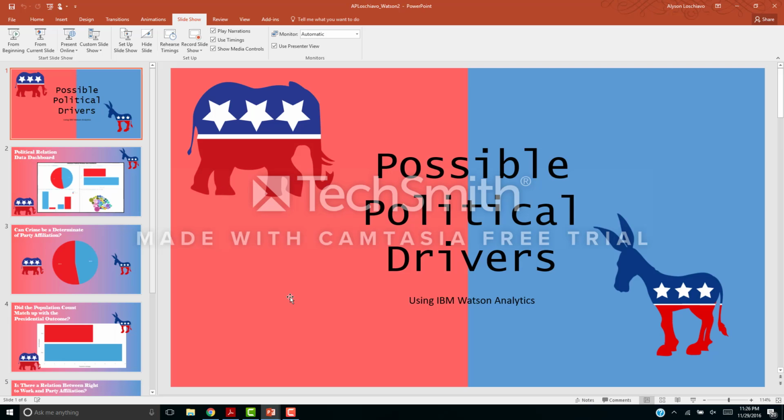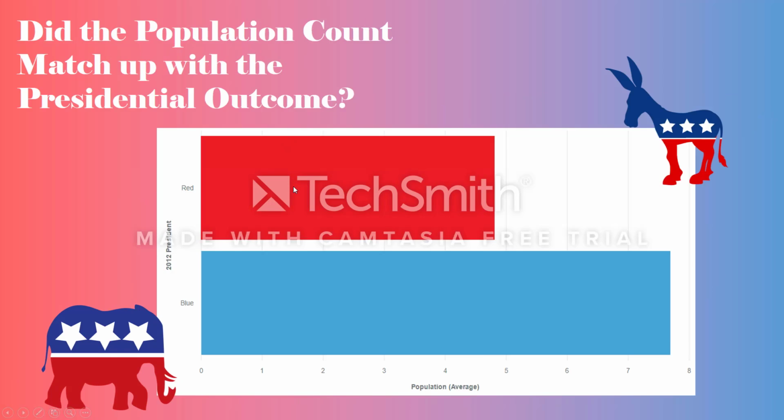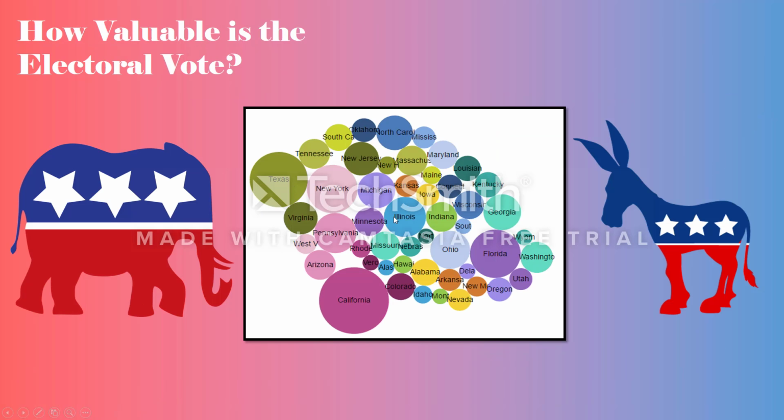So lastly, I'm sorry, I jumped too far. The last slide was how valuable is the electoral vote? This one I found most interesting. Just crunching some numbers after seeing that there were a few states that really stood out, such as California, Texas, New York, Florida, and then a little less so, Pennsylvania, Michigan, Illinois, Georgia, Ohio, and North Carolina, as well as New Jersey.